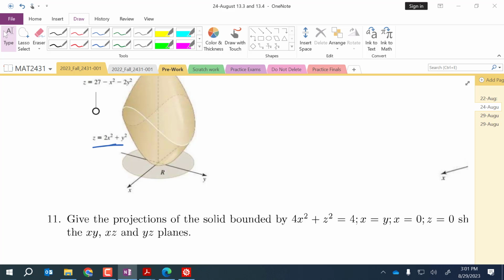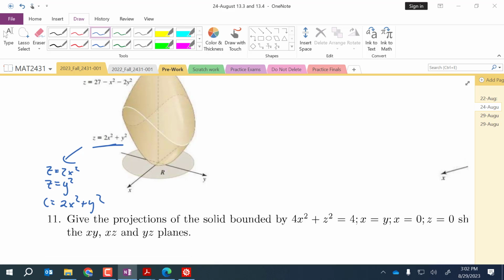That's what we learned how to do. And the way you look at it is you look at their traces. Okay. So again, the three traces we could look at are z equals 2x squared, z equals y squared, and then if z were some constant or 0, we'd have a constant equal to 2x squared plus y squared. And those are ellipses.